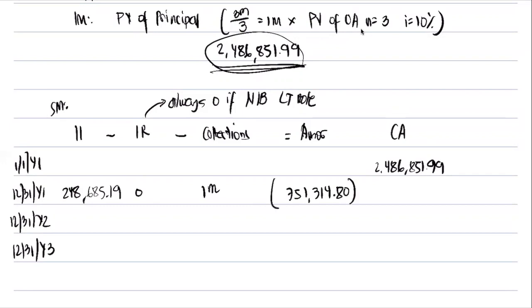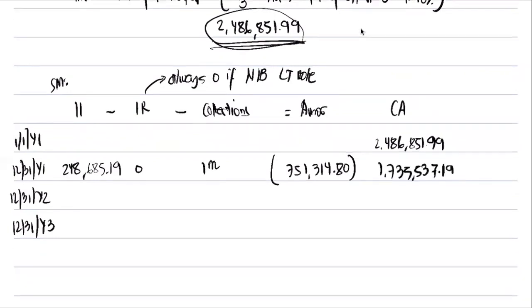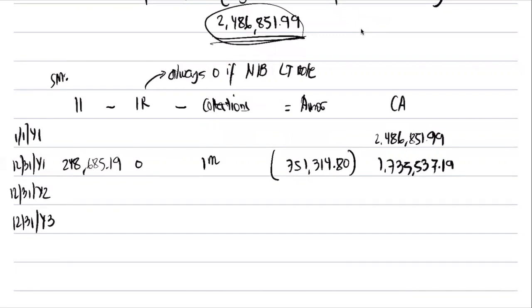So our carrying amount therefore is equal to 2,486,851.99 less 751,314.80. We have 1,735,537.19.